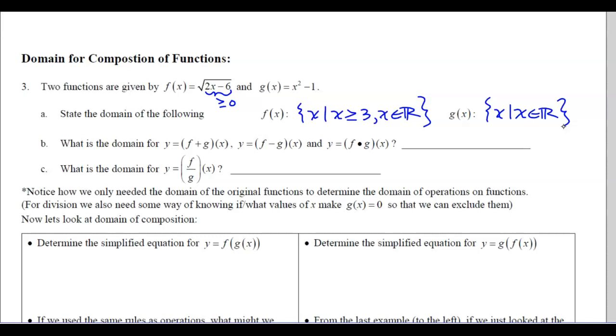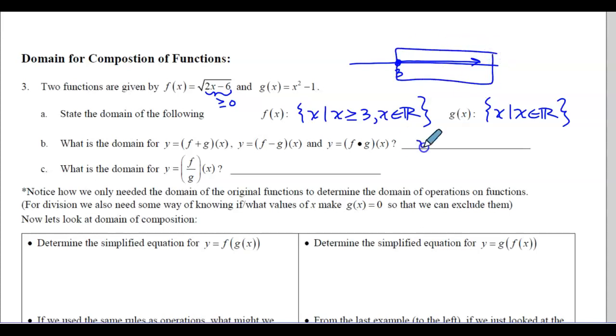So what is the domain if we're adding, subtracting, or multiplying? Remember, it's the overlap of the two different ones. So here, x greater than or equal to 3 is there. All real numbers is all of it. So where does it overlap? There.